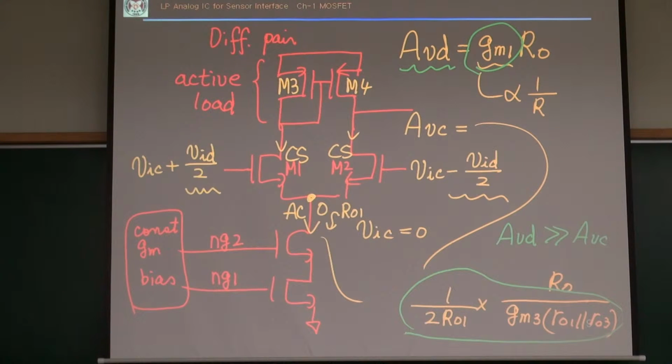Here I take constant GM bias. We take the GM2 and the NG1 and NG2. Okay, let's clarify this. I assume symmetry, okay? They are symmetrical. Then what's your question?